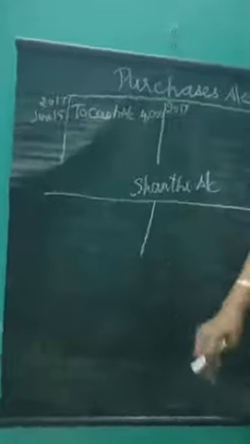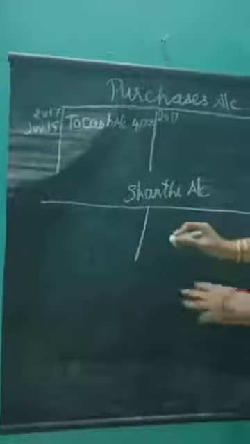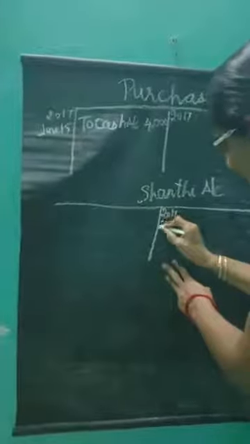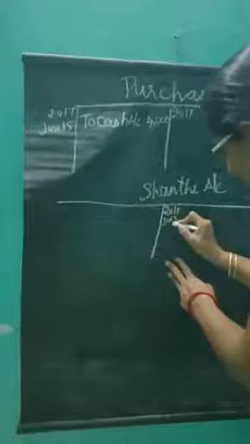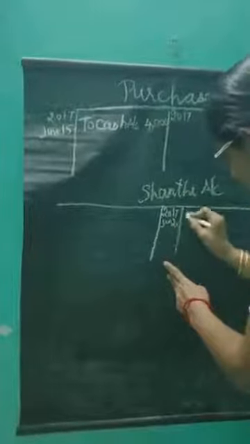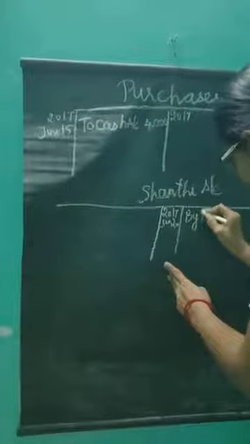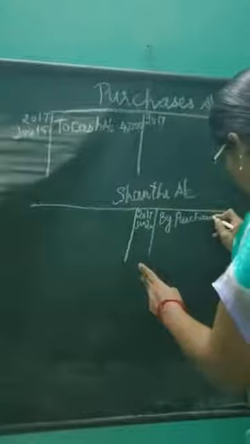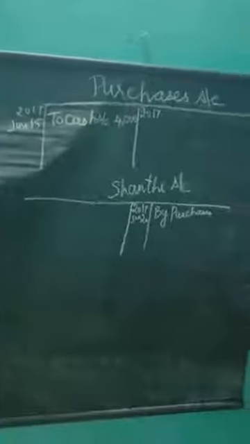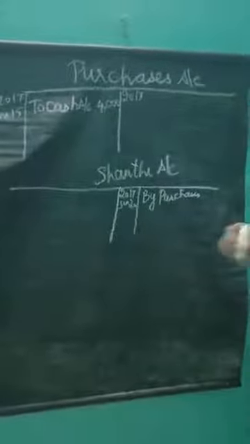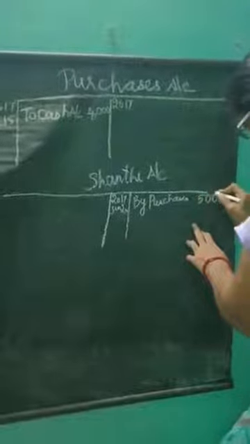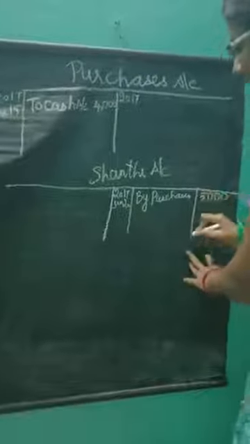What is the date? 2017, you have to write 2017. June 20, by purchases. What is the amount? 5,000.